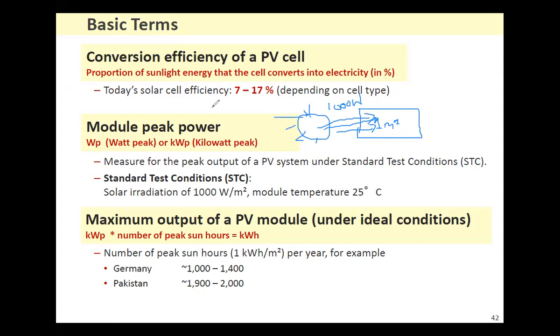As I told you, the solar cell efficiency is 17%. What does it mean? If you place the PV panels here, then you will be able to extract around 170 watt out of this area.